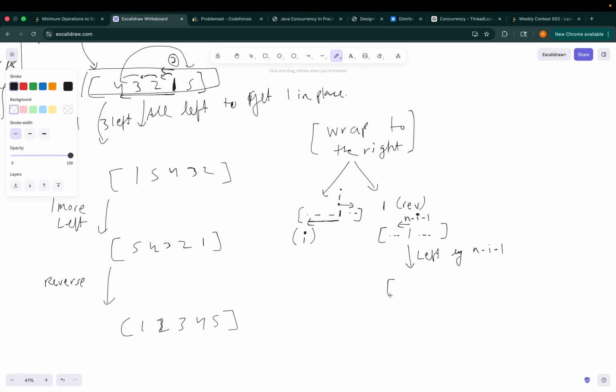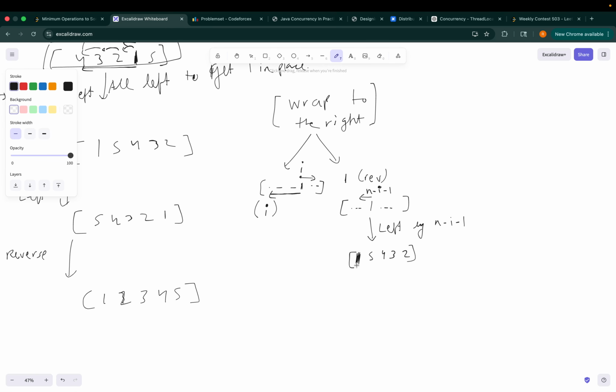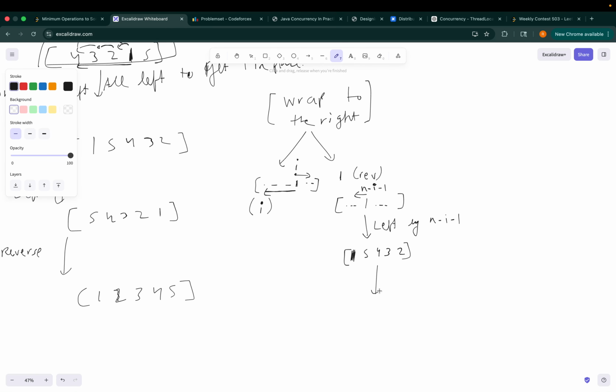What you get is 1 and then 2 3 4 5, like we got this. And now we do one more left plus one reverse. So what you get is 5 4 3 2 1. By doing one more left plus reverse, you get 1 2 3 4 5 again in the sorted array.